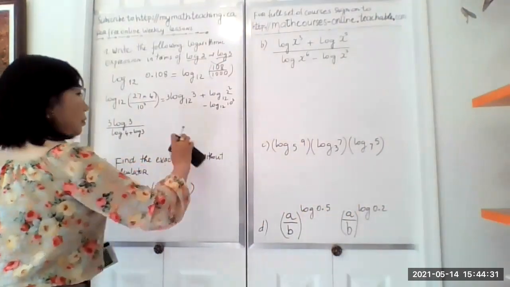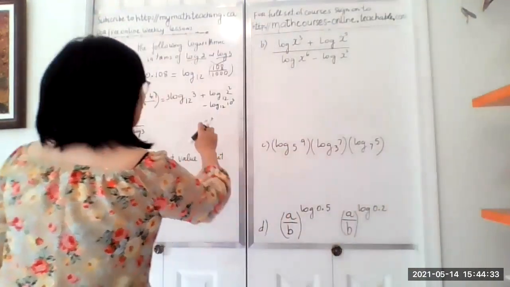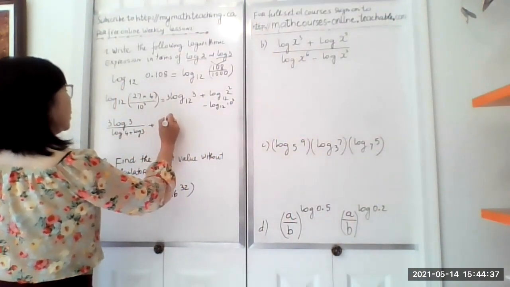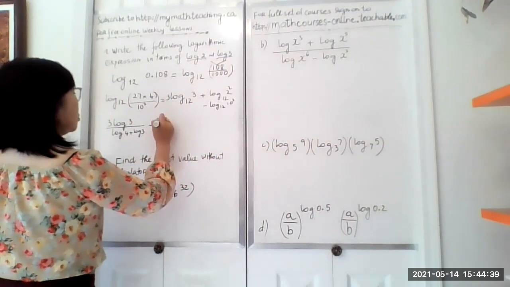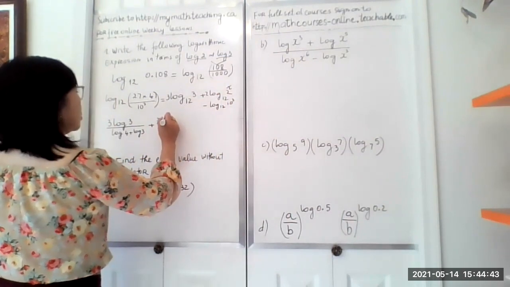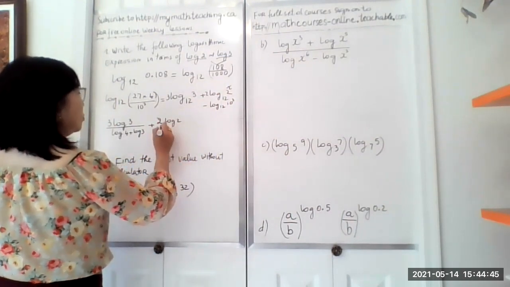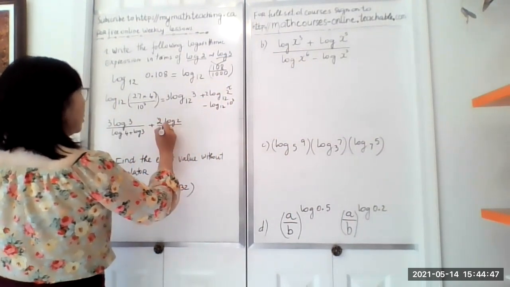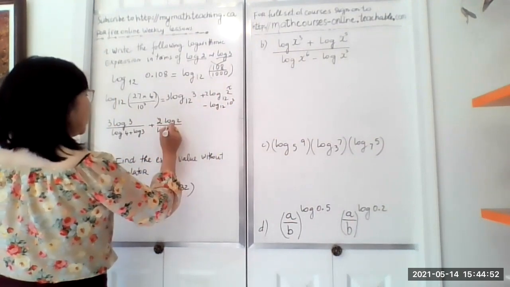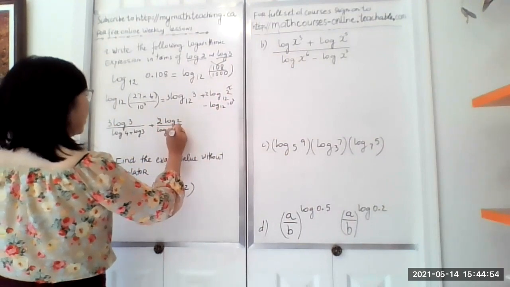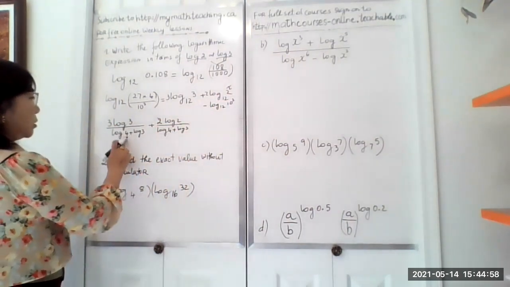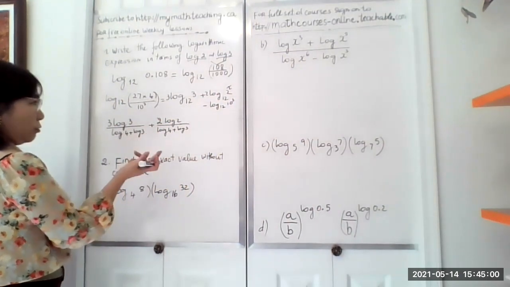Now, the second number will be adding with 2, we can bring it in front here, right, and cancel that. So now we have a log 2 over a log 12, which we can split into log 4 adding with log 3 again, because that will give us 4 times 3, which is 12, right?